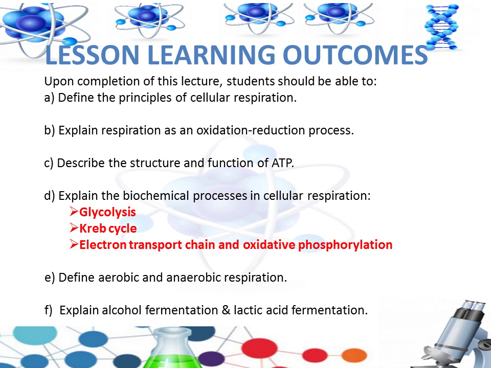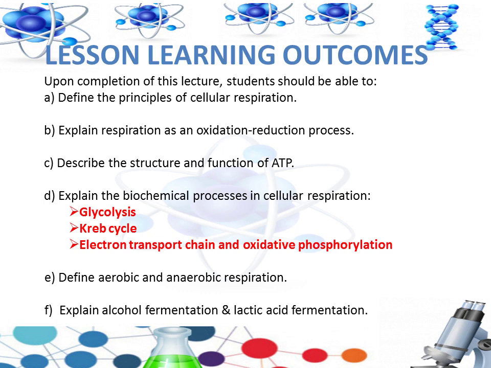These are a few learning outcomes. By the end of this chapter, you will be able to define the principle of cellular respiration. Second, you are able to explain the oxidation reduction process or redox reactions. Third, you can describe the structure and functions of ATP.